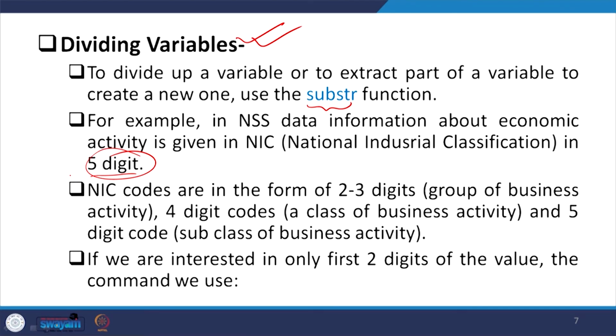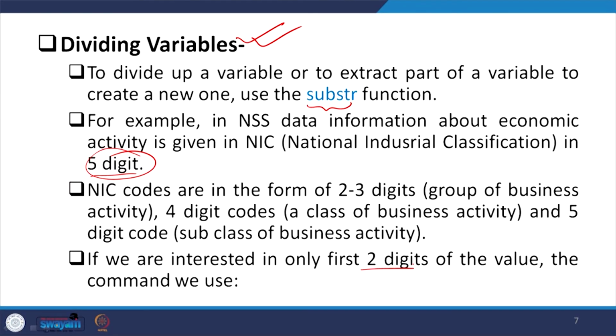At a very disaggregated level they give the information if it is a 5-digit classification. But with 5-digit classification, the number of enterprises is so large that it is very difficult to track the activities, and very difficult to interpret. So if you can make it a 2 to 3 digit or 2-digit classification, the broad classification of the enterprise, which type of enterprise they are operating, the 2-digit classification is quite important for you.